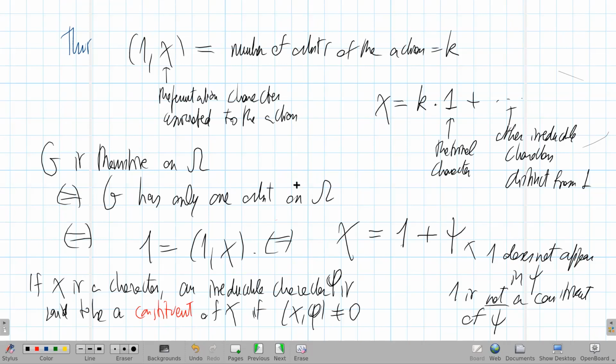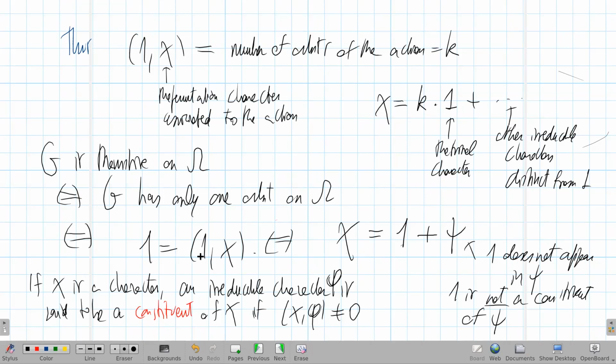This is transitive exactly when this inner product is one, meaning that chi is the sum of the trivial character, which appears only once, because k is one, the number of orbits, and then psi, which is not necessarily an irreducible character, but a sum of irreducible characters not containing one, because we had already seen that k tells you how many times the trivial character appears as a constituent, writing chi as a sum of irreducible characters.